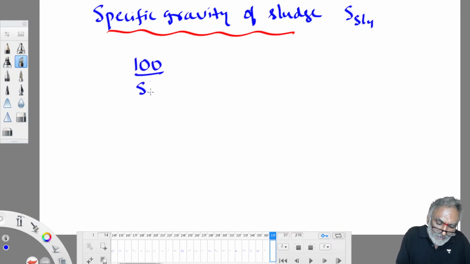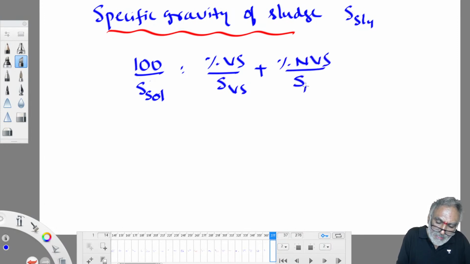Solids is a mixture of two things. 100 by specific gravity of solids is equal to percentage volatile solids by specific gravity of volatile solids plus percentage non-volatile solids present in sludge by specific gravity of non-volatile solids. If you get this, then you can work out specific gravity of sludge.